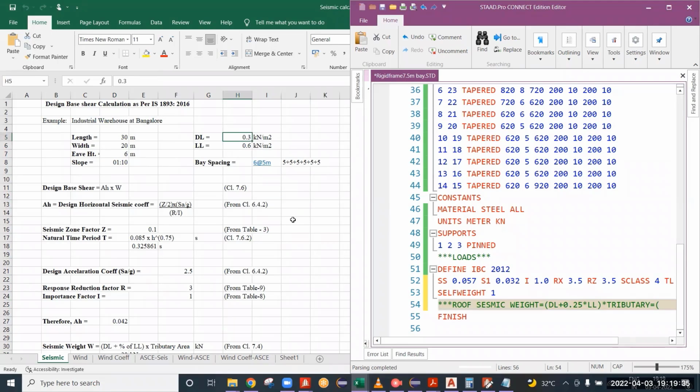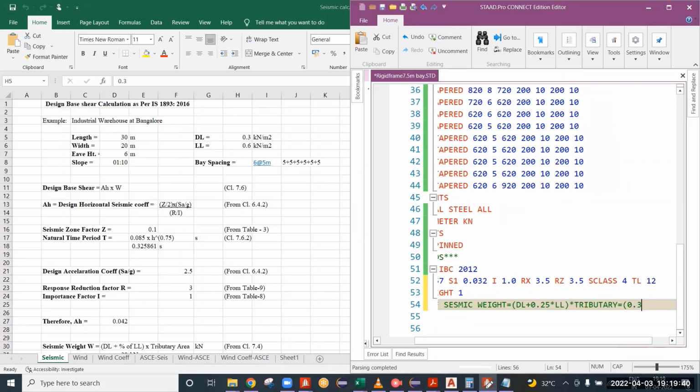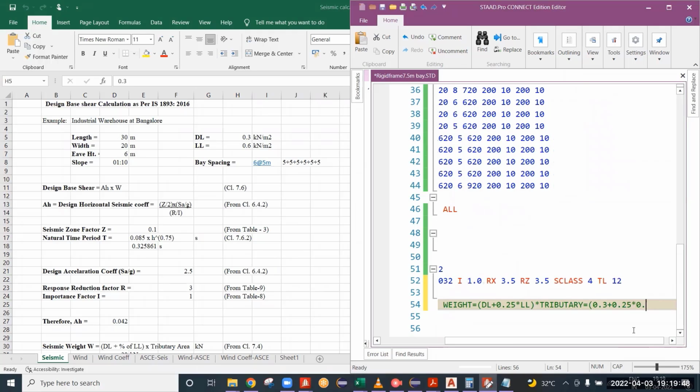So dead load is 0.3 plus 25%, nothing but 0.25, into live load 0.6. Except length, width and tributary, only geometry has been changed. The loads we have taken in our example, those are the same loads I am taking here. So dead load plus 0.25 into live load into the tributary length.